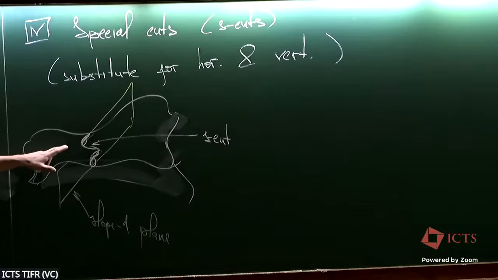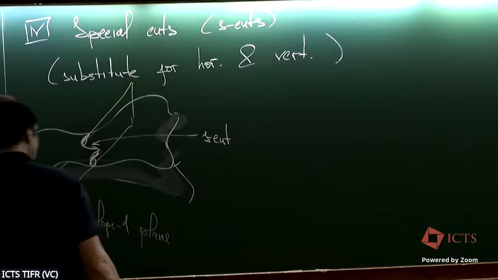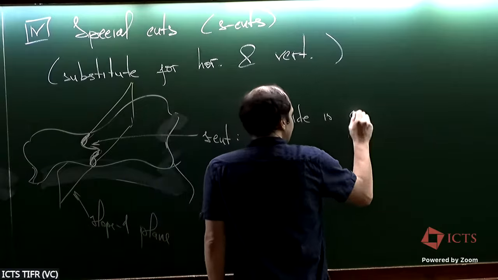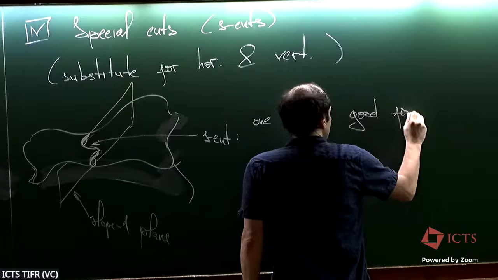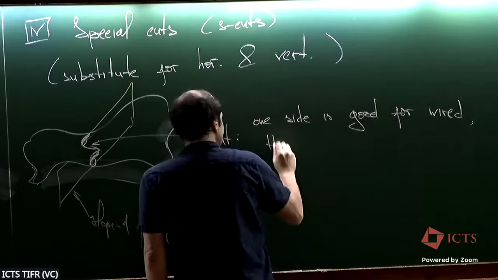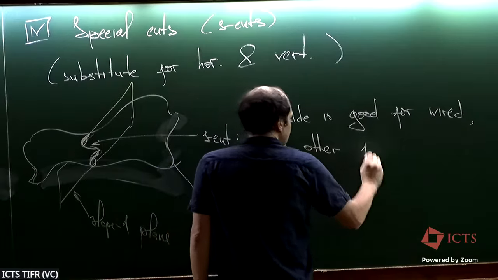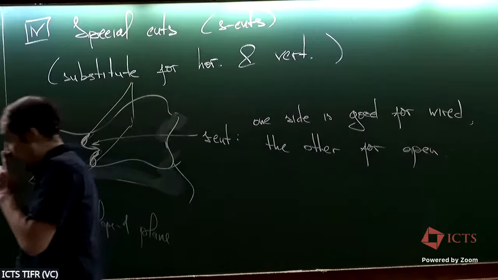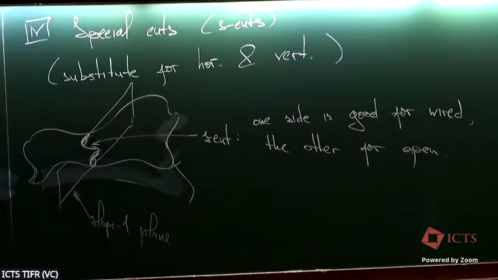One side of this cut is good for yellow boundary conditions, you have positivity, and the other side of the cut is good for red boundary conditions. And when I say good, I mean that there is a similar positivity phenomenon.